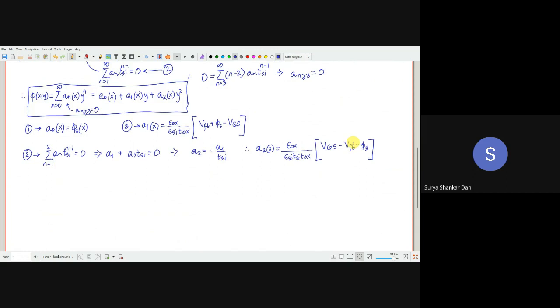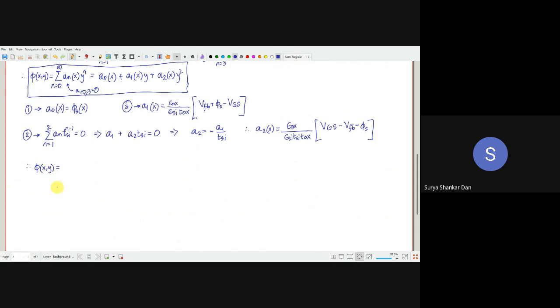Okay. Therefore, what is the expression for the potential here? Phi of x comma y is equal to a0, which is phi s, that is the surface potential phi s of x. Remember, in these expressions, which is the only function of x?